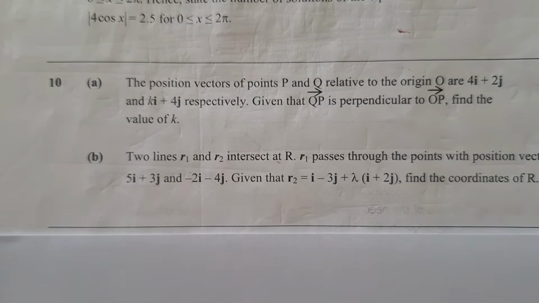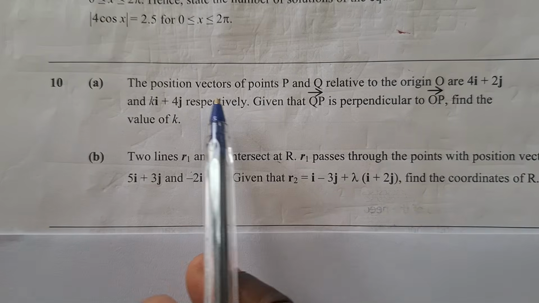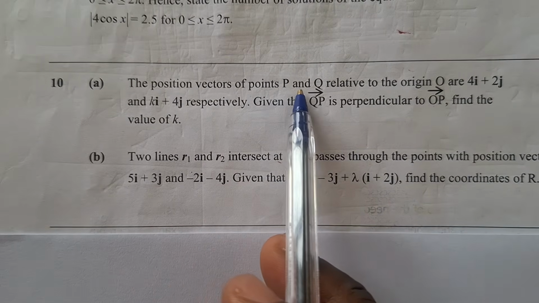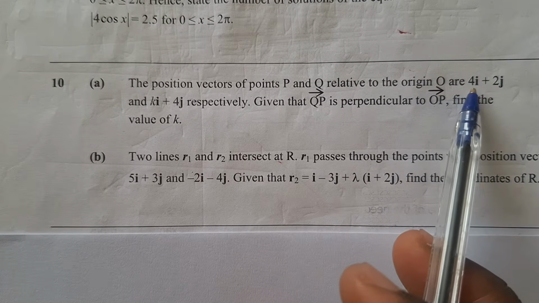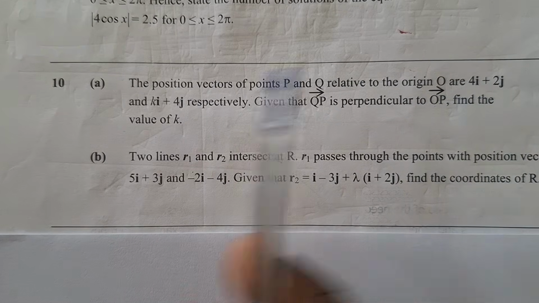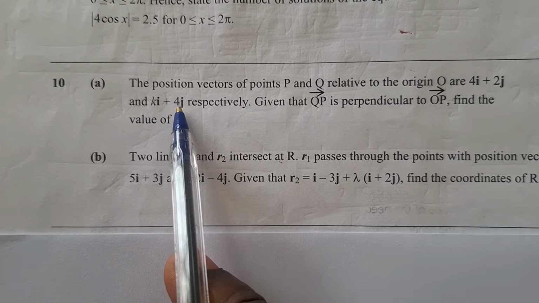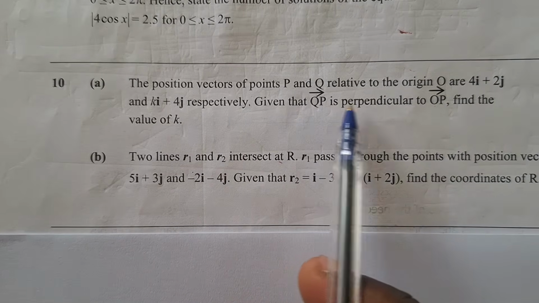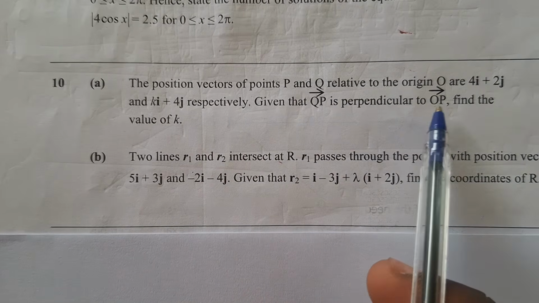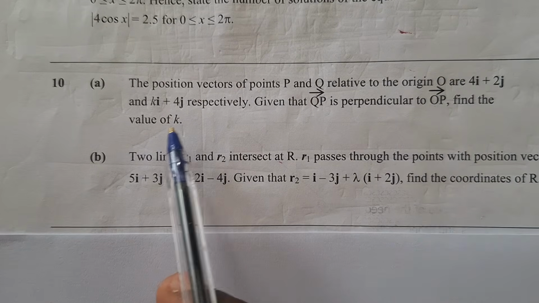Question 10a reads, the position vectors of point P and Q relative to the origin are 4i plus 2j and ki plus 4j respectively. Given that vector QP is perpendicular to vector OP, find the value of k.